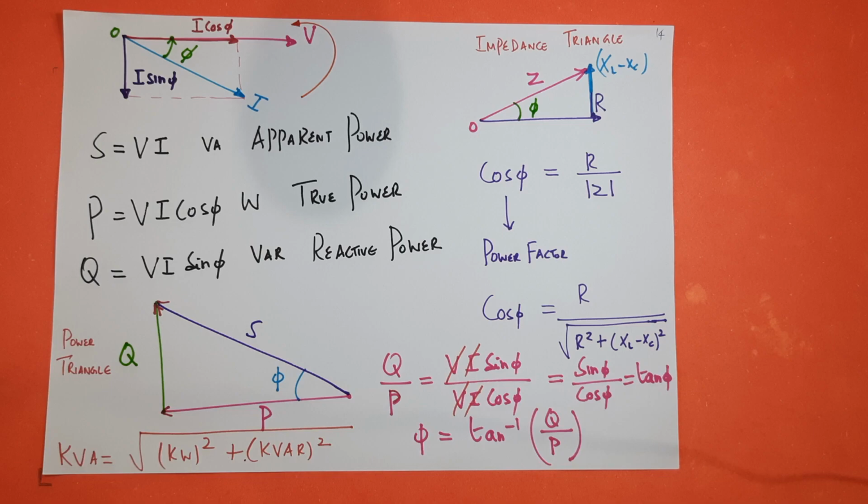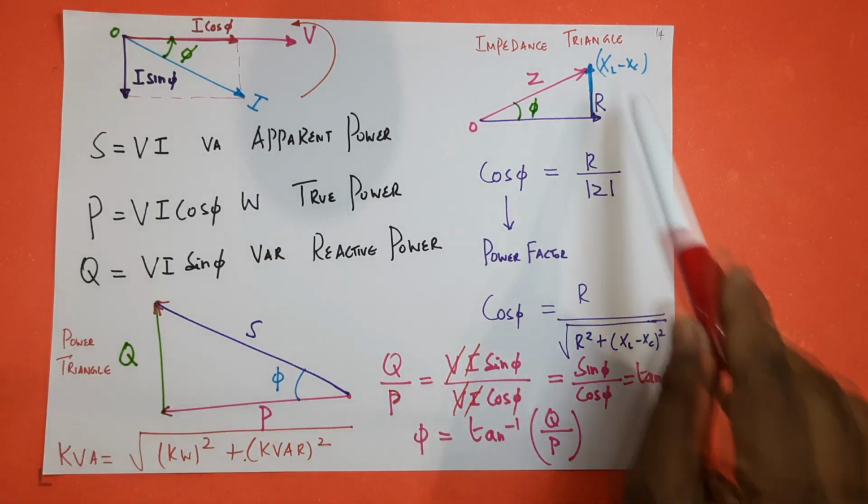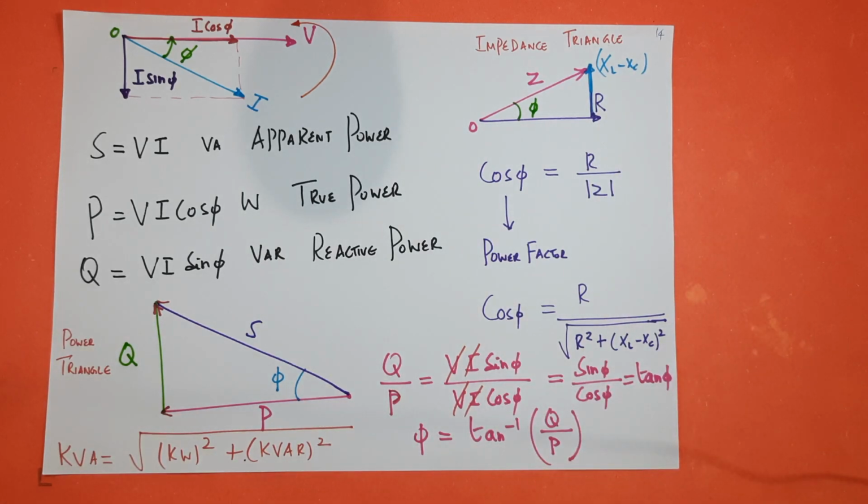And also we have seen power in an AC circuit. We have apparent power, true power and reactive power, and how these three are related with each other through the power triangle. Also we have seen the impedance triangle, and from the impedance triangle what is power factor and the expression for phase angle.